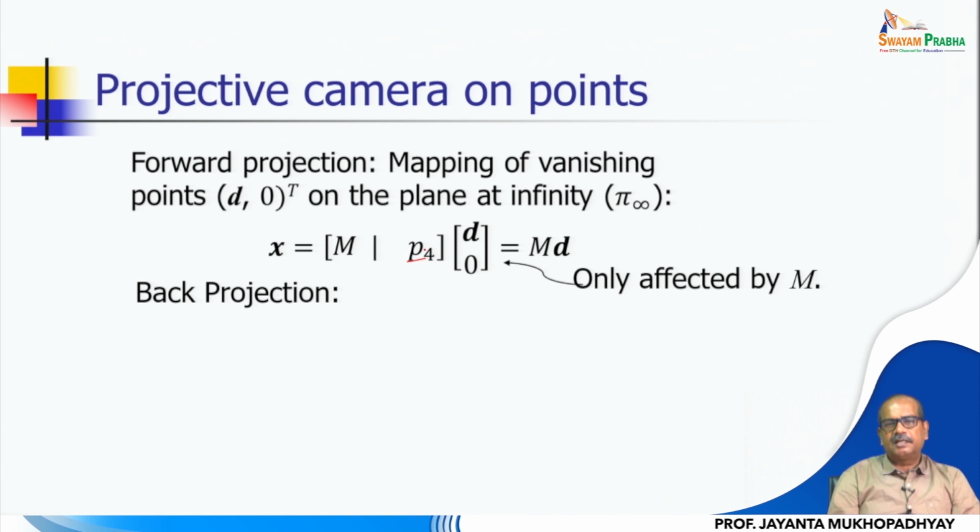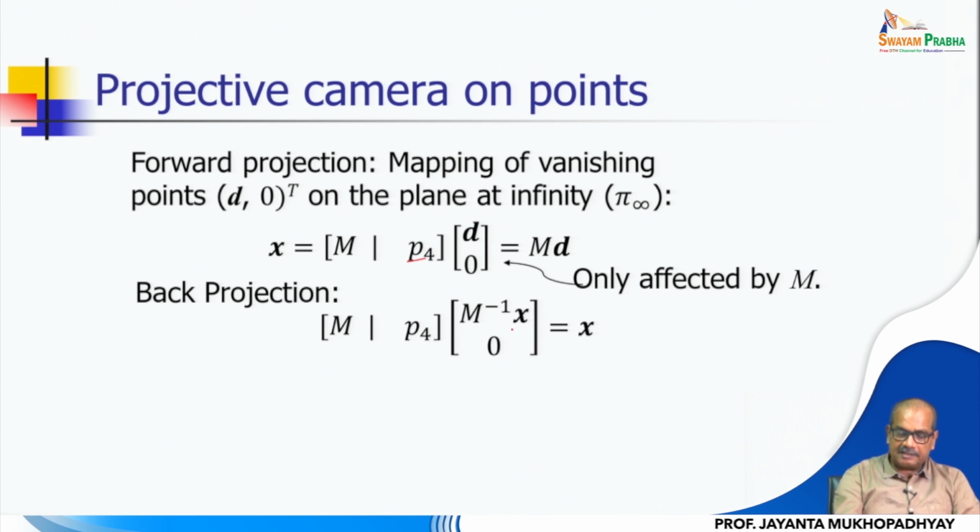Now, these relationships can be expressed in terms of back projections, what I was just referring to. If I have the image point x expressed in the homogeneous coordinate system, then if I do M inverse x, that will give me this direction, and this point is D0, or M inverse x0.